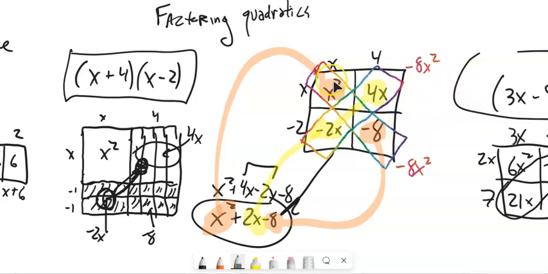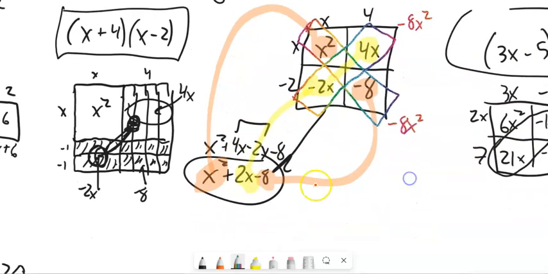So notice that this times this has to be the same as that times that. But these also have to add to that. So in other words, I need numbers that multiply to this, -8x squared, but then also add to that middle term, that 2x.